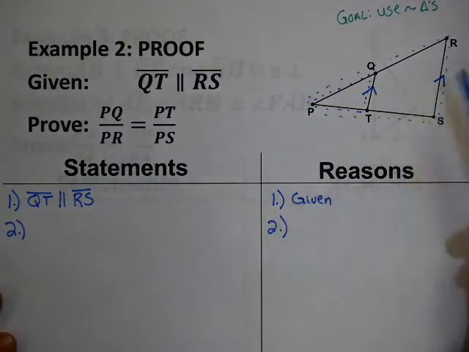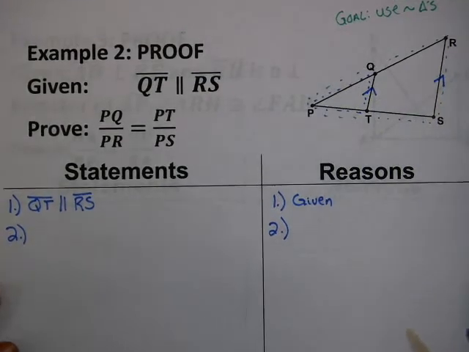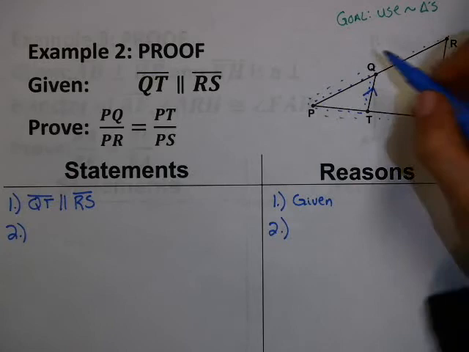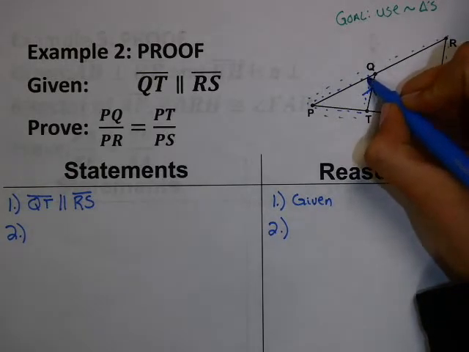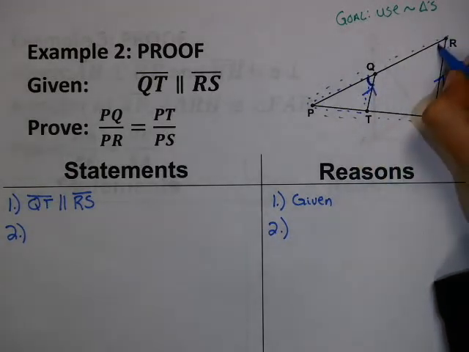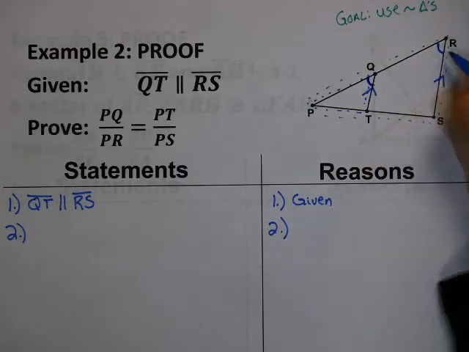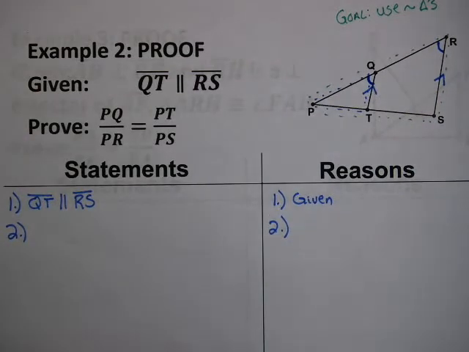If I know that these two are parallel, remember we can use all those angles that come with parallel sides and a transversal. I'm going to mark these two angles, angle Q and angle R, which are a pair of corresponding angles.